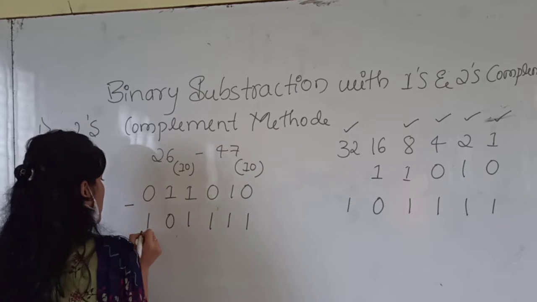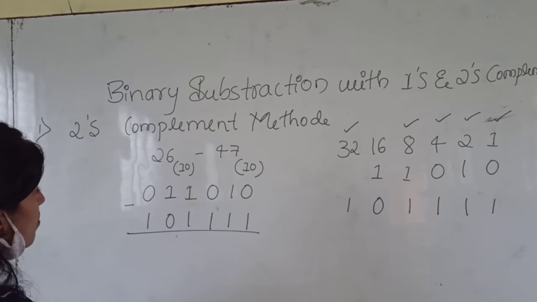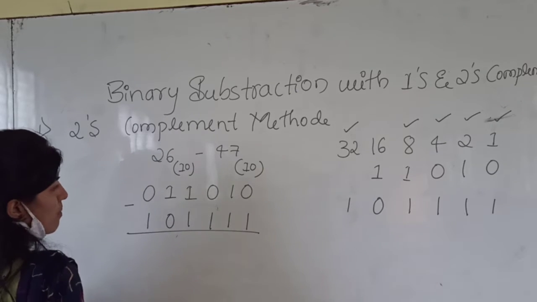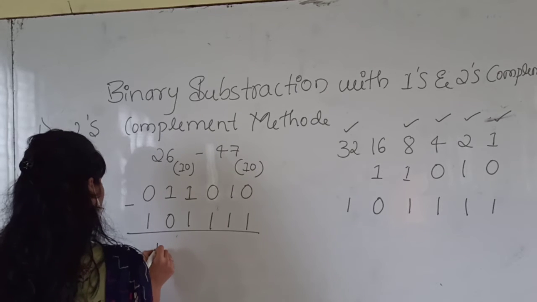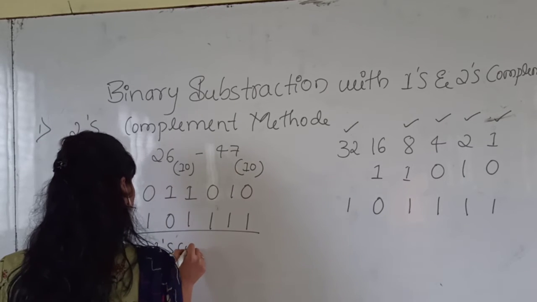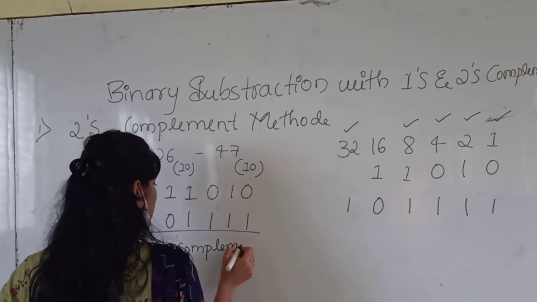This is our main subtraction. For this we first get the 2's complement of this subtrahend. How will we get it? First take the 1's complement of that number and again add 1 to that complement.